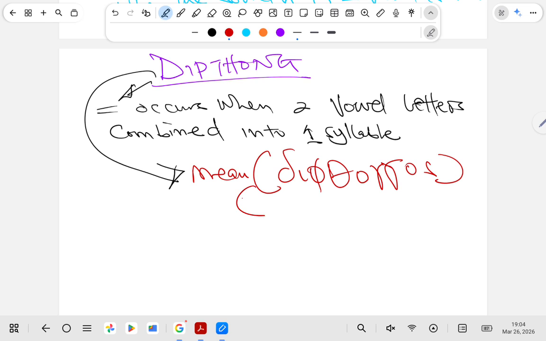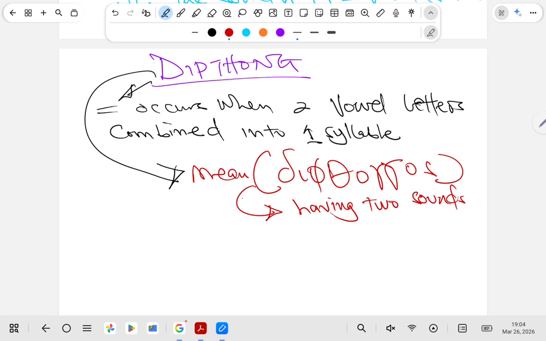And diphthongos means having two sounds. And so Greek has at least 7 common diphthongs.